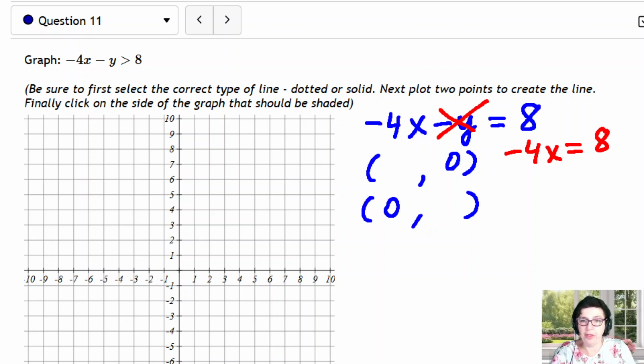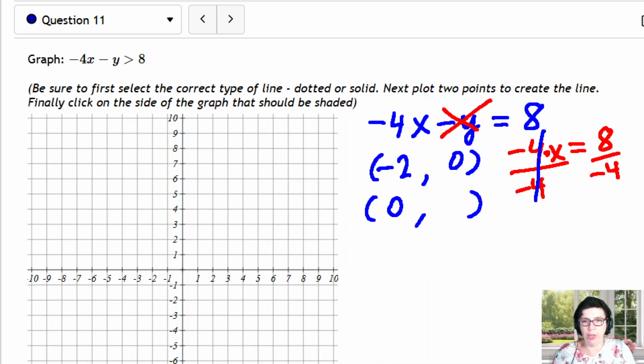To solve that, we want to get rid of the negative 4. But remember, this is multiplication, not addition or subtraction. The operation opposite of multiplication is division. So we're going to divide both sides by negative 4. That is going to cancel that here, and 8 divided by negative 4 is negative 2. So that is going to go in here. So negative 2, 0 is 1 point on the line.